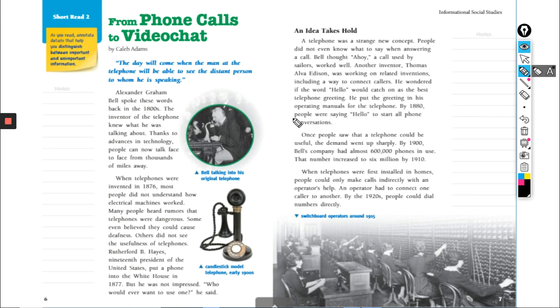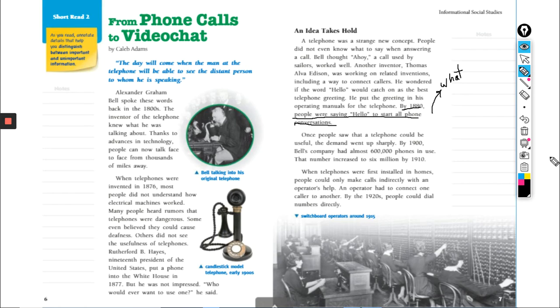So right here it says by 1880, people were saying hello to start all phone conversations. Okay, so this is our effect. This is our what. So what's happening is that people are starting to say hello. And so you have to excuse Miss Roby's writing here. It's not exactly the best electronically. So that is our what in the conversation.